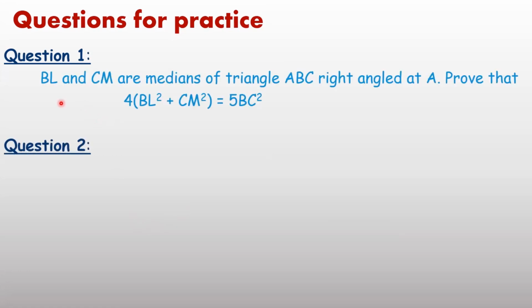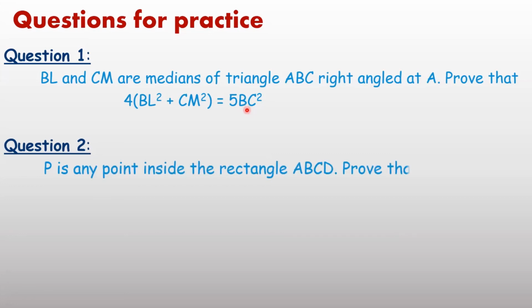Now some questions for practice which you have to complete. There are three questions. First, BL and CM are medians of triangle ABC, right angle at A, means in triangle ABC, angle A is 90 degrees. Then you have to prove 4 times BL square plus CM square equals 5 times BC square.